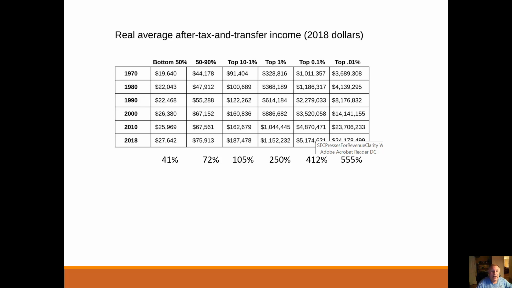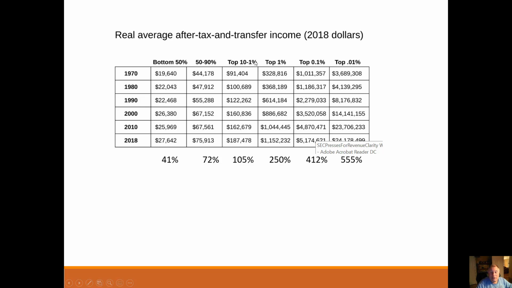Now let's take a look at how growth has happened since 1970. When we take the bottom 50%, in 1970 they made $19,640. Remember, it was only 44% in the other one for 17. That's now up to $27,000, 41%. Okay, but then we go to the 50 to 90, was 44, went up to 75. Their increase was 72%.